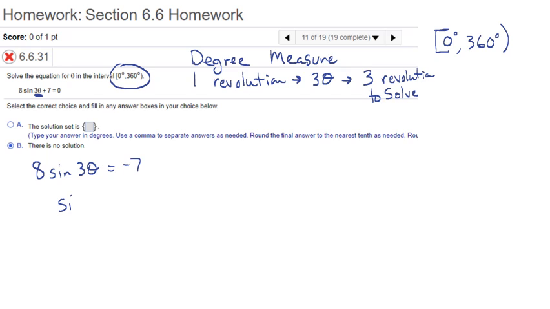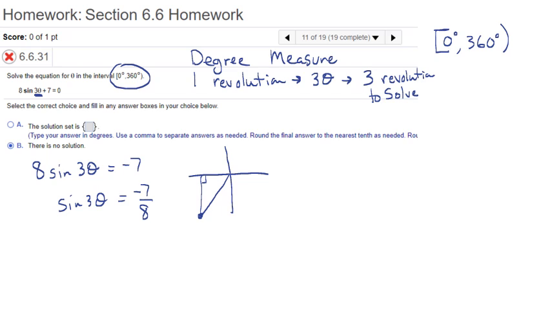But first, when is a sine value going to be negative? Which quadrants? Sine is positive in quadrants 1 and 2, and therefore sine is negative in quadrants 3 and 4. So we're going to look for angle measurements in those quadrants based upon the reference angle.